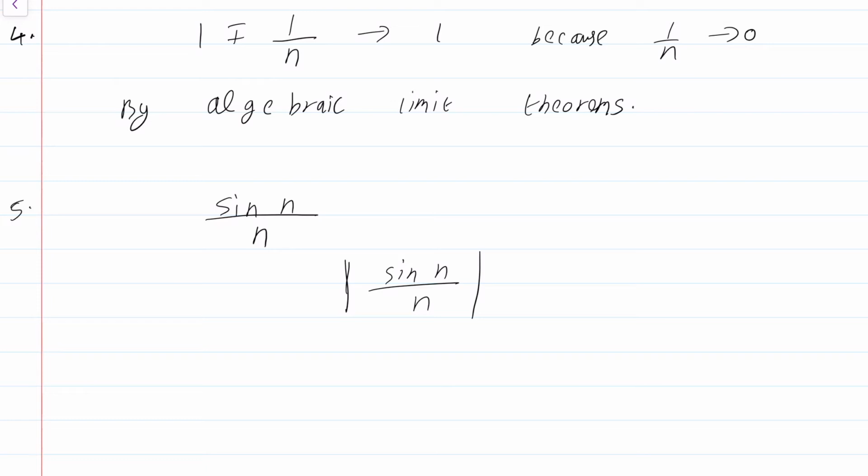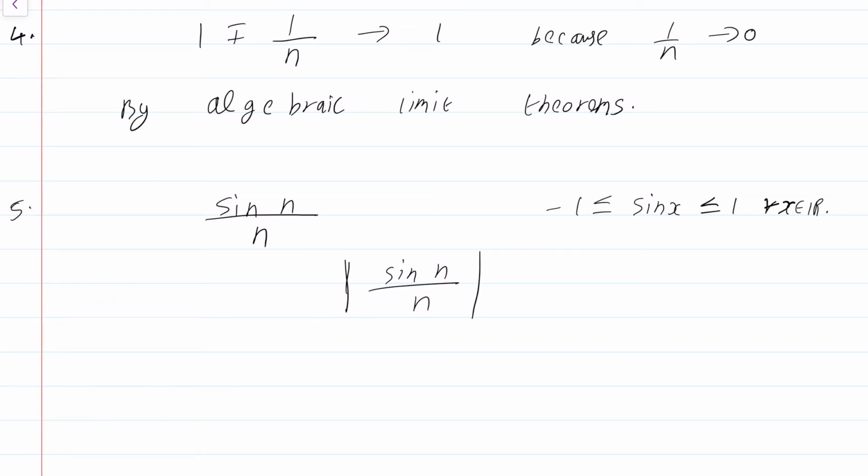Now all of us are familiar with the fact that minus 1 is less than or equal to sin x is less than or equal to 1 for all x in R. This comes from the basic properties of the sine function. We will rigorously define the sine function, the cosine function, the logarithm, and the exponential in a later module, but for the time being, you can just take this for granted. You have known this all the way back from 8th or 9th standard.